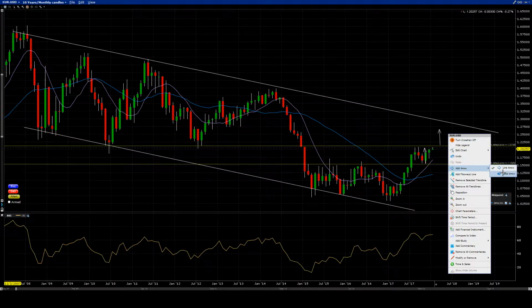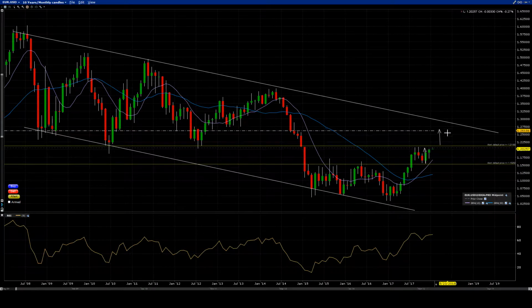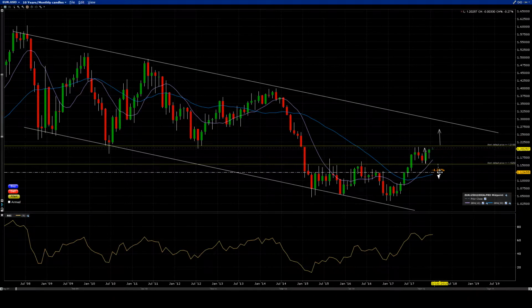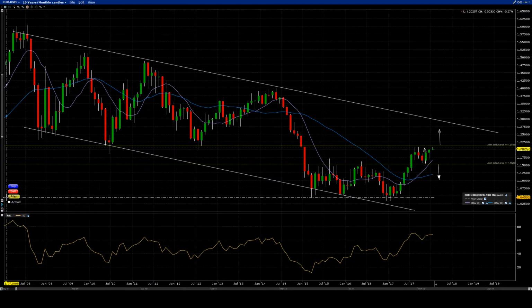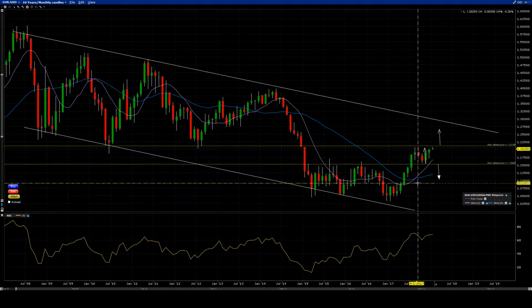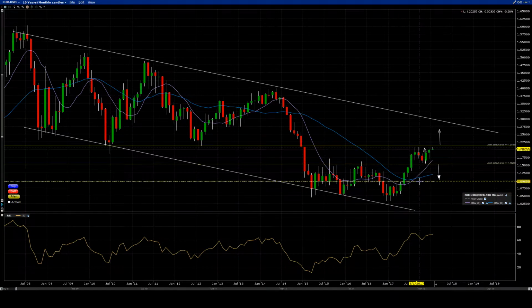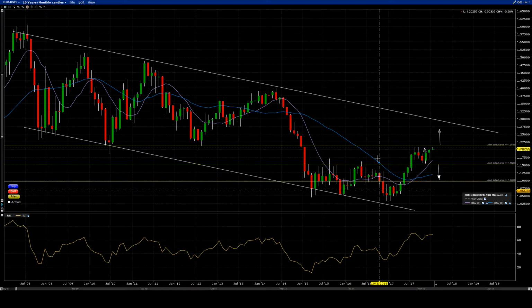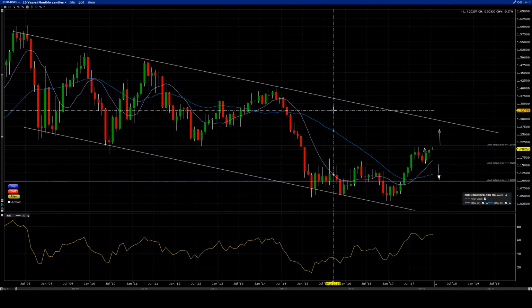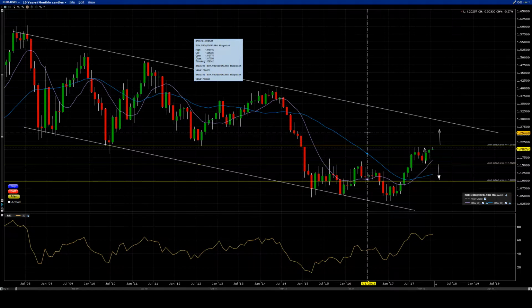Or if ever we have a break to the bottom, there we go, we'd be going back down to previous resistance, now turned support, around the 109 area. So these are probably my first intermediate moves within the prevailing classical chart pattern, which is the descending channel.